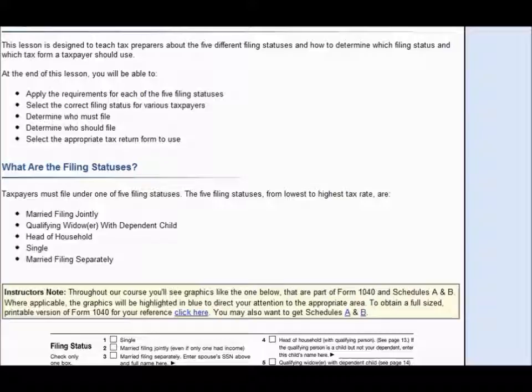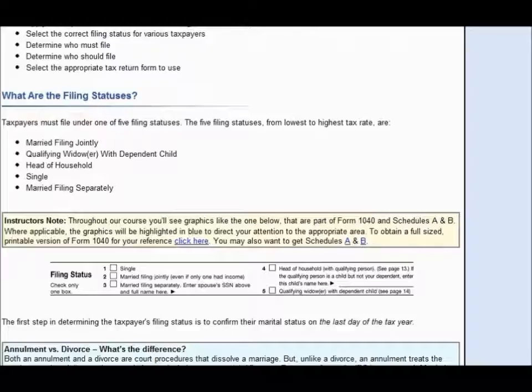Now let's begin. What are the filing statuses? Taxpayers must file under one of these statuses. Notice, married filing jointly, qualifying widower with a dependent child, head of household, single, married filing separately.